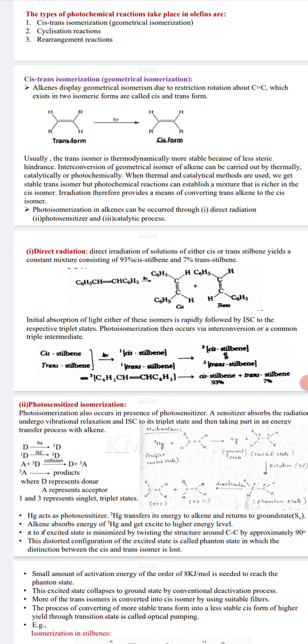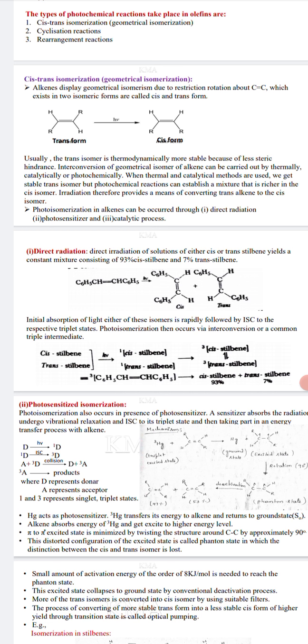Through direct radiation, we consider an example of stilbene. Direct radiation of solutions of either cis or trans stilbene yields a constant mixture consisting of 93% cis isomer of stilbene and 7% of trans stilbene.